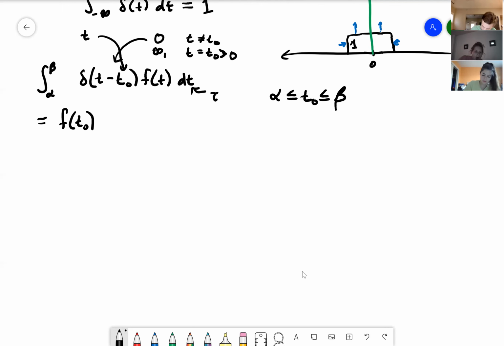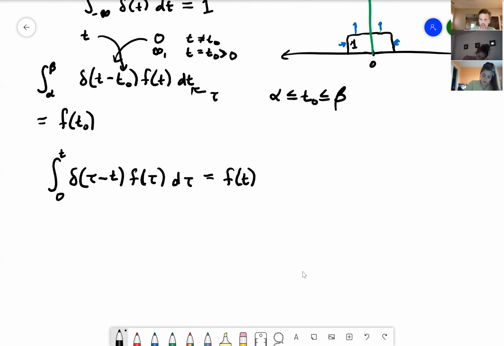So when I rewrite this integral, the integral of the Dirac delta function at tau minus t, times f of tau, d tau, going from 0 to t, what do I end up with? Well, I just end up with f of t.